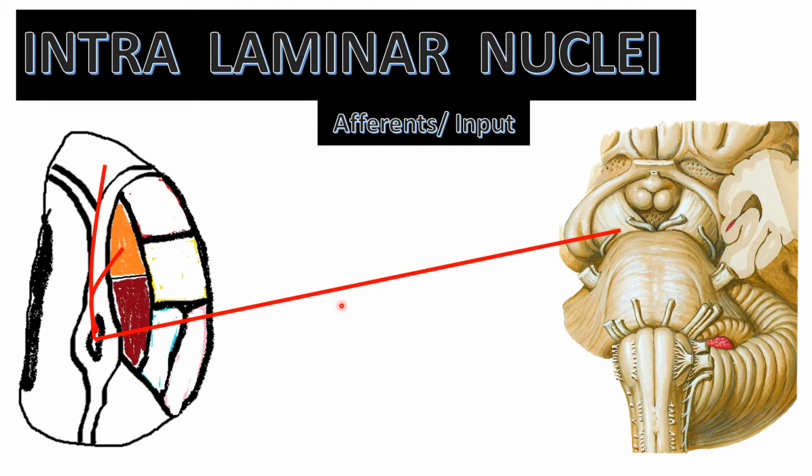You can see here from the anterior and from the dorsal tier, and here you can see the medial part and from the posterior part as well. So it is receiving inputs from all the nuclei of the thalamus.